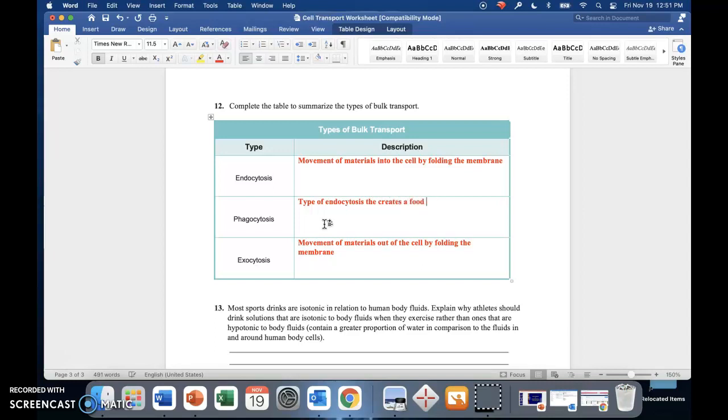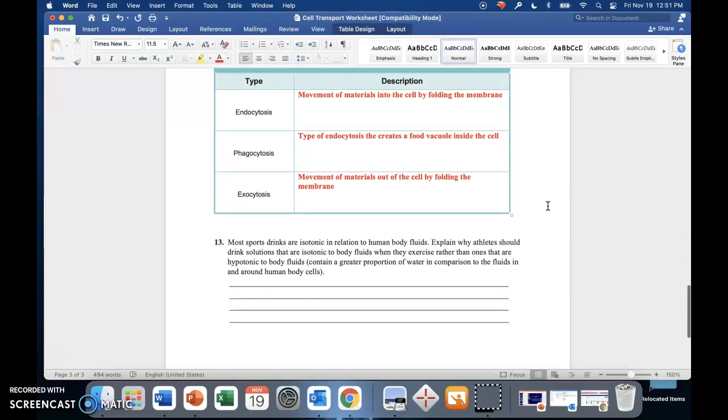We talked about vacuoles as storage. This is one way that organisms can create food vacuoles inside the cell. Okay, there is another type of endocytosis called pinocytosis, and pinocytosis is a way of, instead of making a food vacuole, what it does is it collects or allows liquids to pass through.